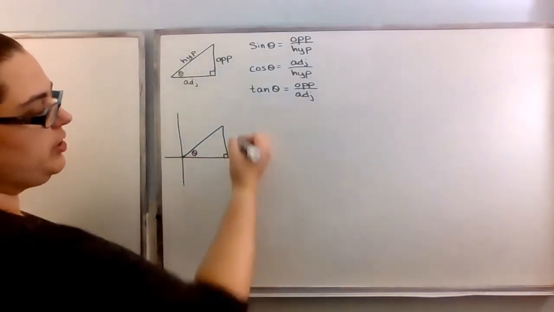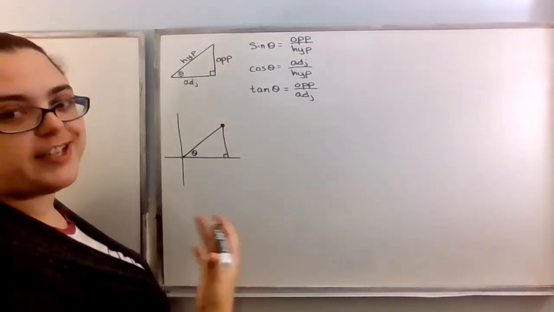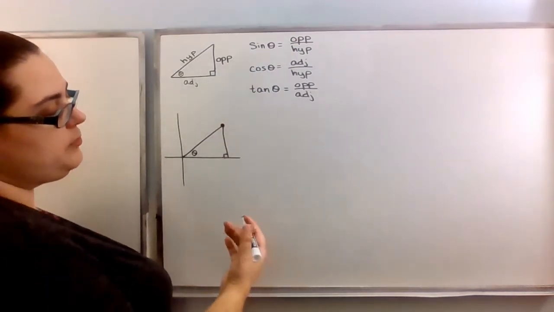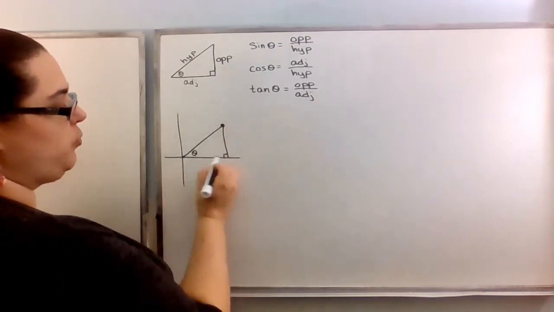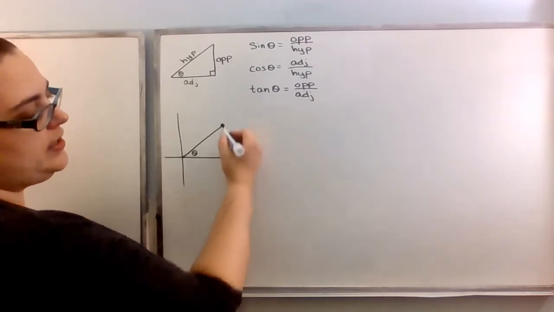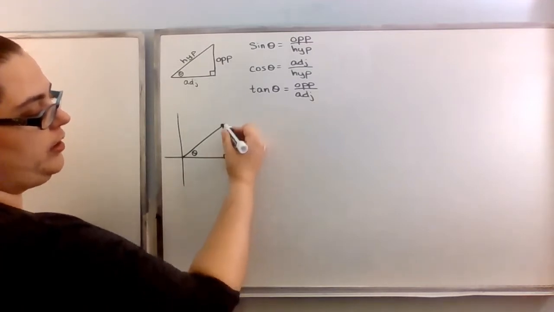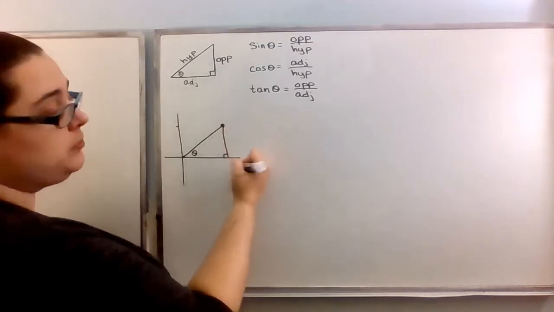And what I'm going to do is plot this point here where those two sides meet. The reason I'm doing that is because this point has an x coordinate that matches this adjacent side. And this point has a y coordinate, so y value, that matches the opposite side.